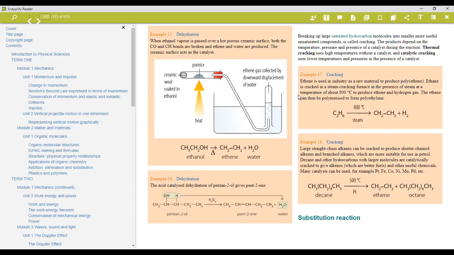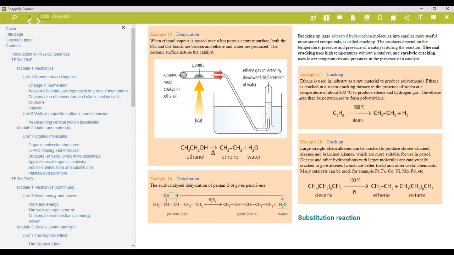So the ceramic surface acts as a catalyst.